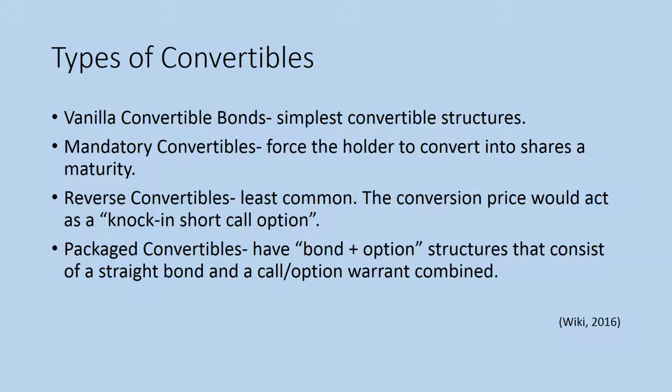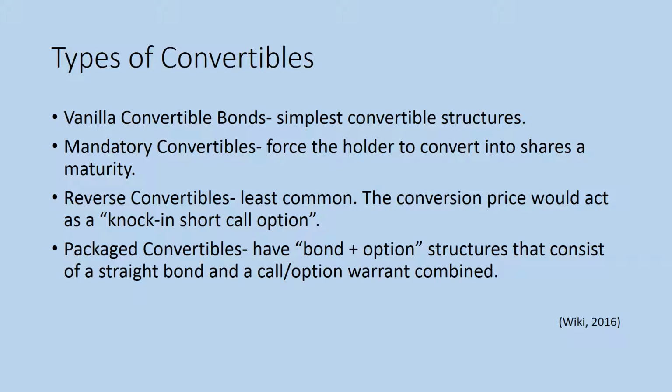Packaged convertibles have the bond plus option structure that consists of a straight line bond and a call option or warrant combined. They, for instance, would miss the modified duration that's usual with the vanilla convertible structures.